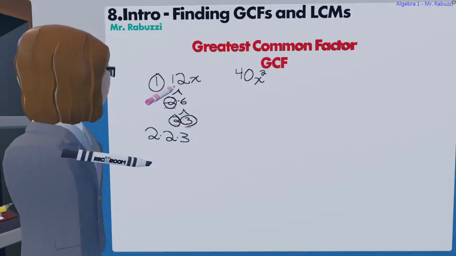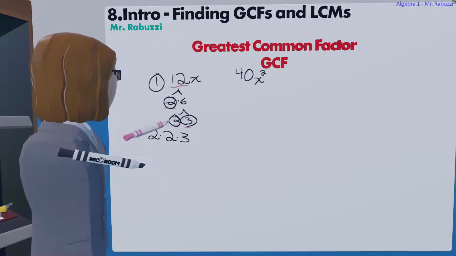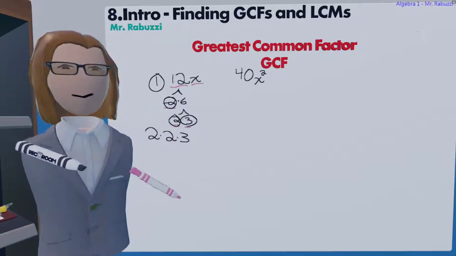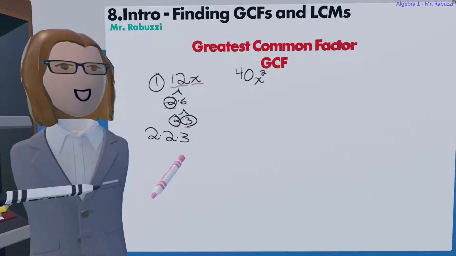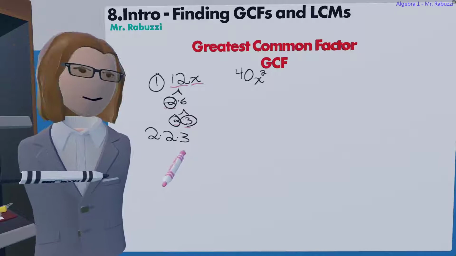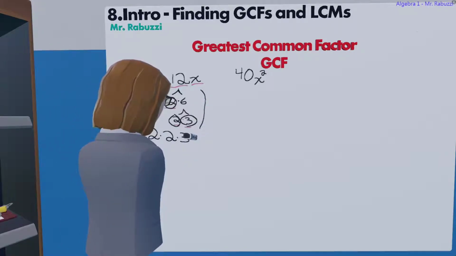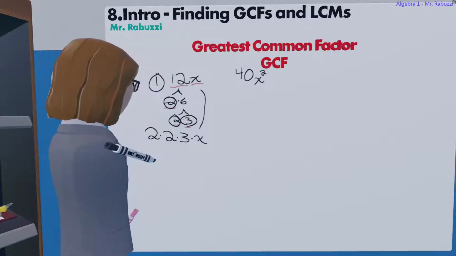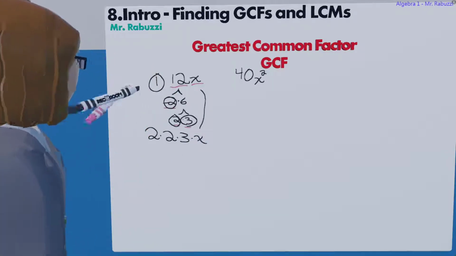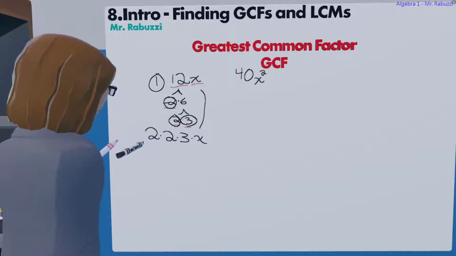Okay, so that's the 12 finished. Now we need to break this x apart. Can we break a single x into pieces? No. So he will just come down by himself. He's already a prime factor. The x is already finished. Okay, so our 12x, we have all our pieces.